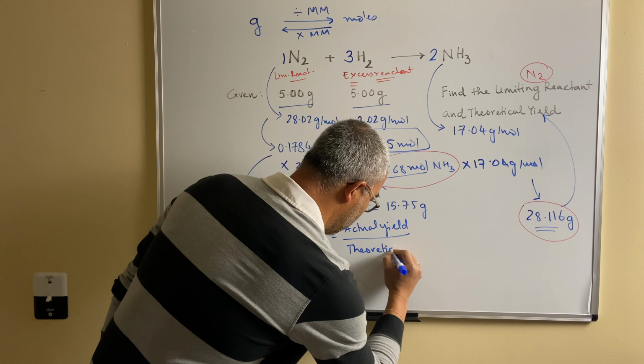So if you do that out here, that ends up being 15.75 grams divided by the 28.116 grams times 100. And that gives us 56.0%.